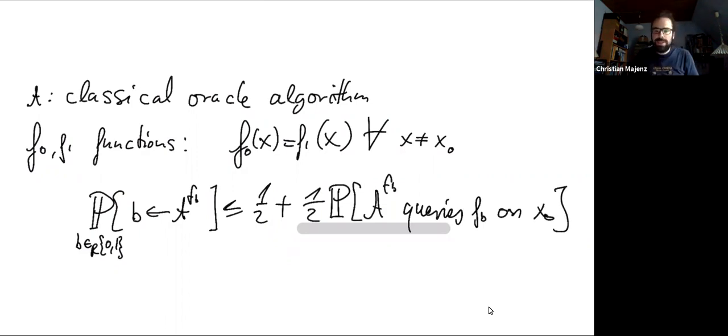This is extremely intuitive. You can think of an adversary that doesn't query x0. It behaves exactly the same whether it has function fb, f0 or f1, and therefore it can only have success probability 1/2.